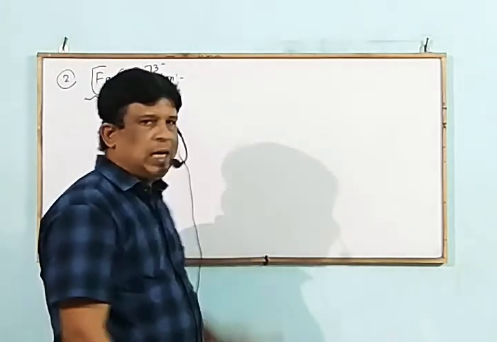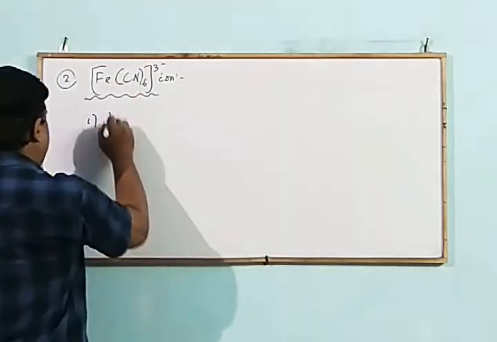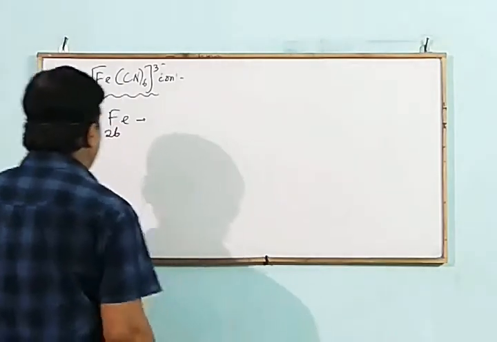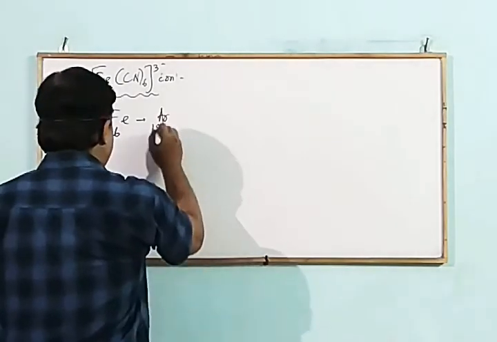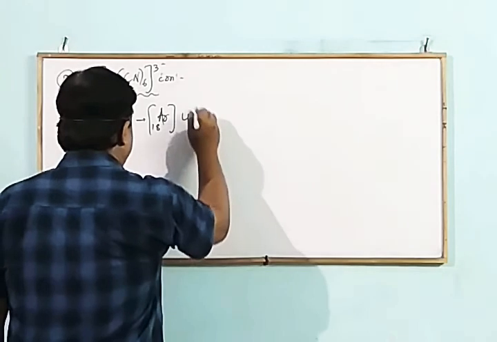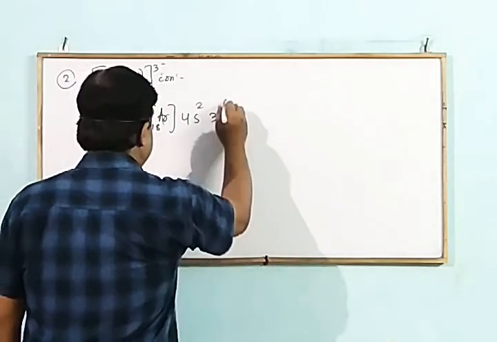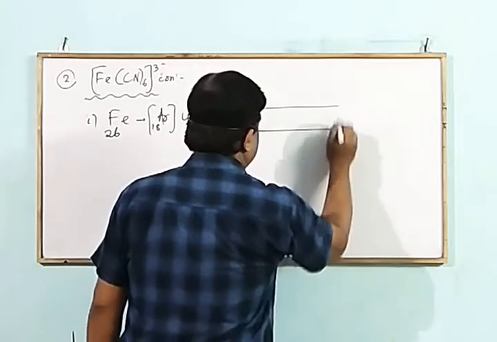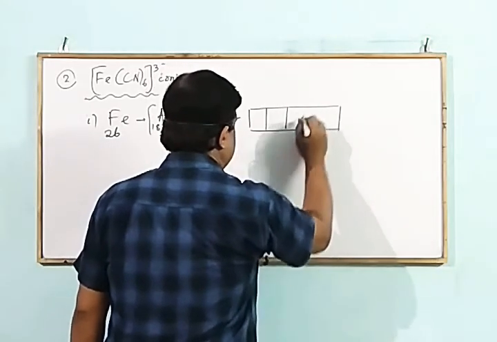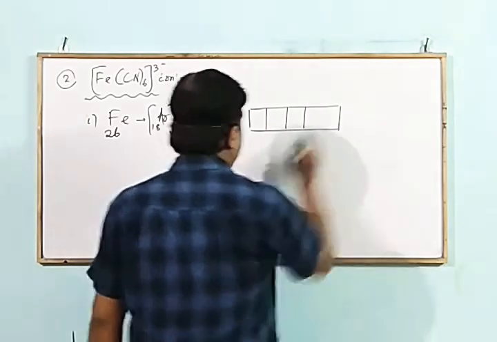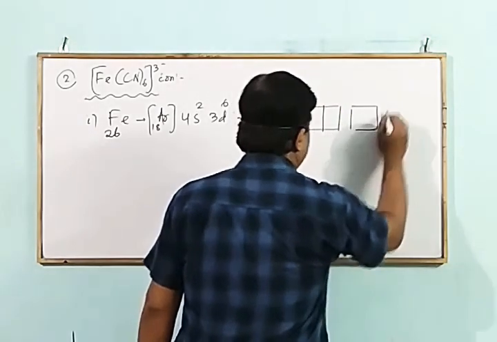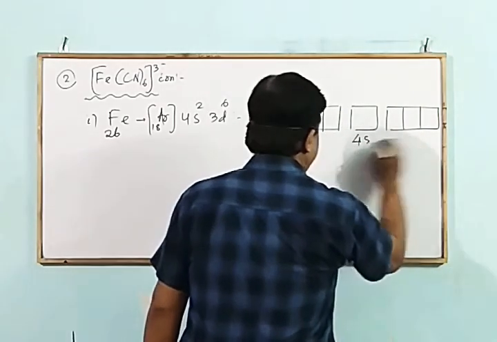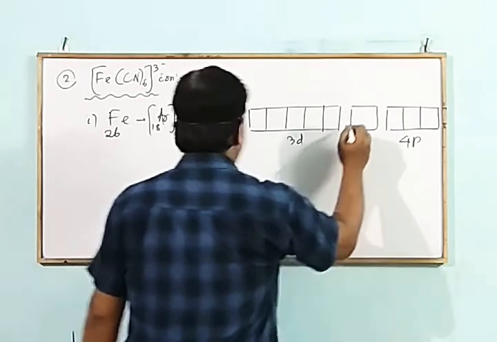From this it is clear that the central metal atom is iron, having atomic number 26, noble gas electronic configuration argon 18, 4s2 3d6. The box-like diagram is on the basis of 3d, 4s, 4p: 4s2, 3d6.